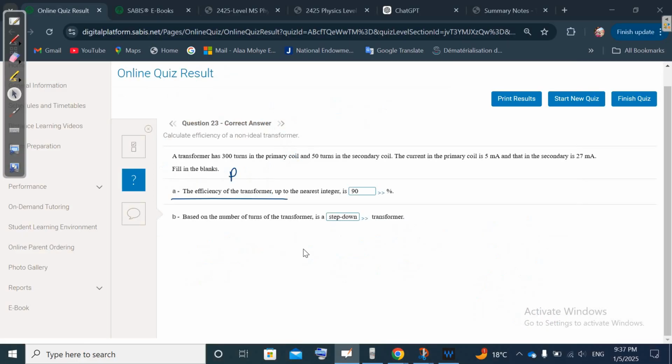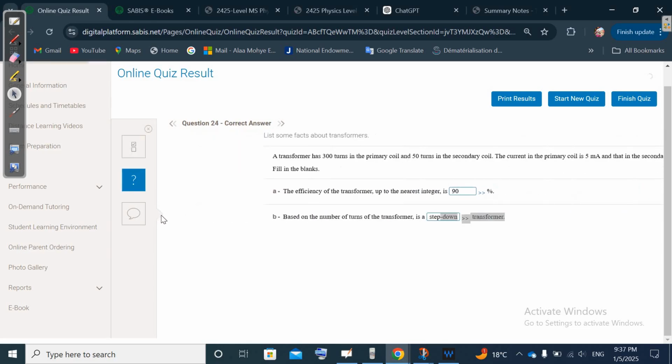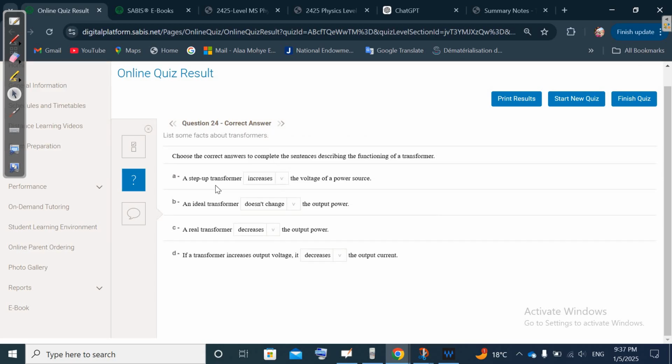Okay, very, very good problem, very nice question. Based on the number of turns, it's a step down transformer because it went from 300 to 50. Next, a step up transformer increases the voltage of the power source. Yes. An ideal transformer does not change the power, obviously, because it's ideal. A real transformer decreases the output power.